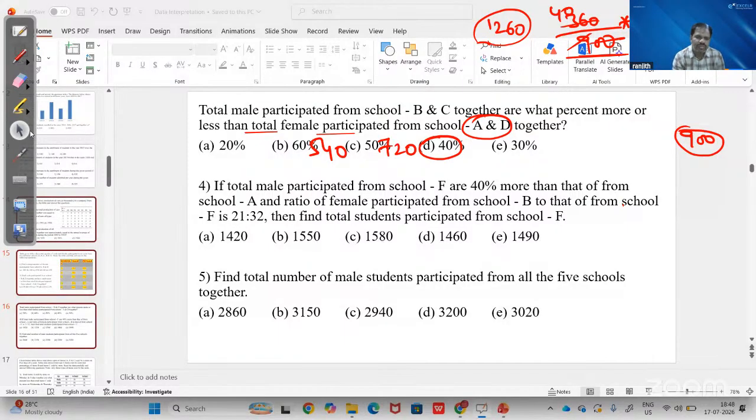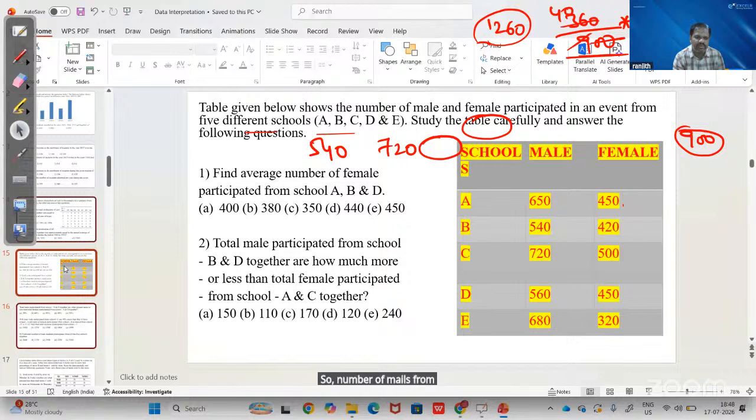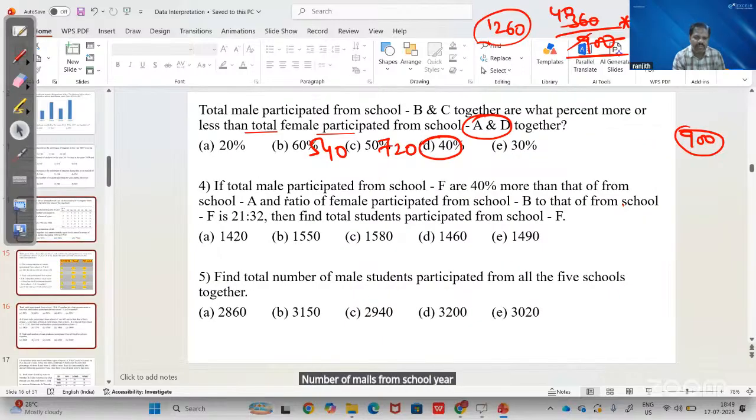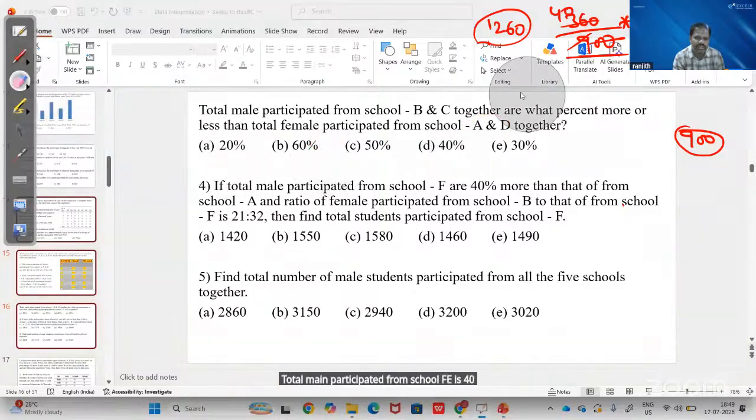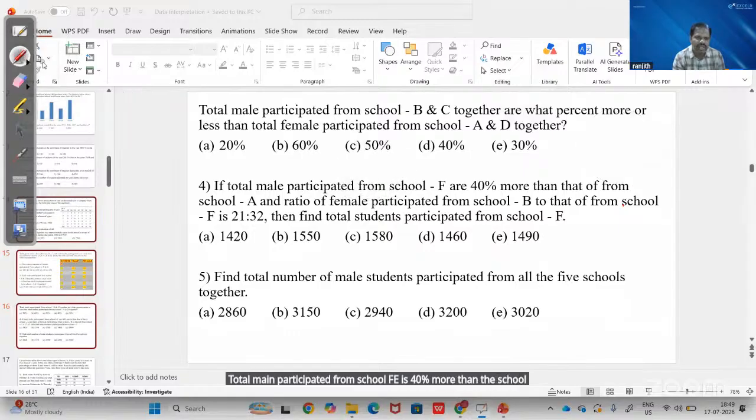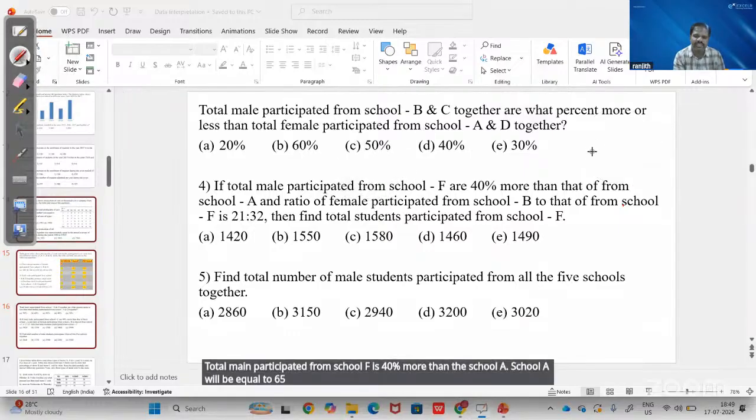Total males who participated from school F are 40 percent more than school A. The number of males from school A is 650. 40 percent more is 140 percent.